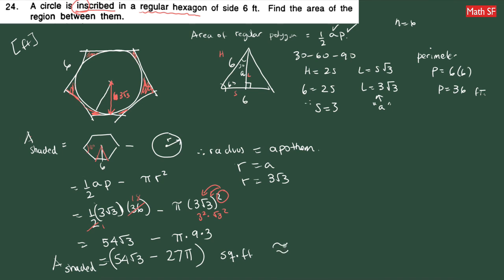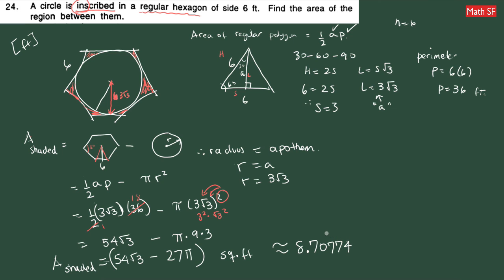This is approximately, I'm going to apply my calculator and say, let's see, 54 root 3 minus 27 pi. That gave us 8.70774.